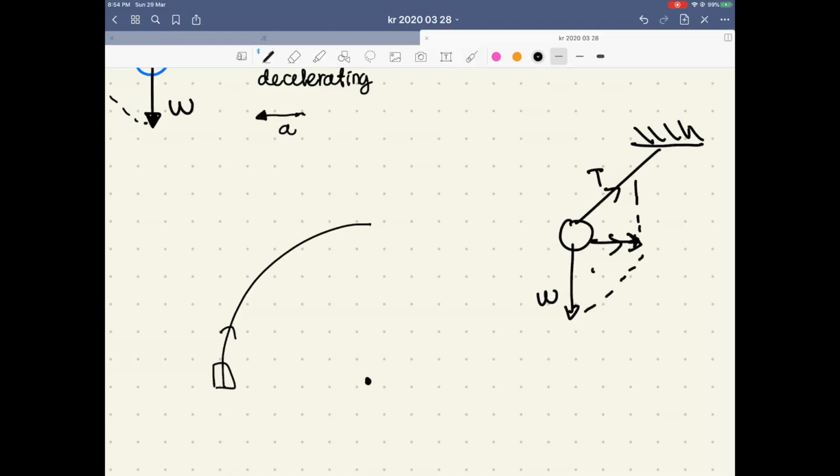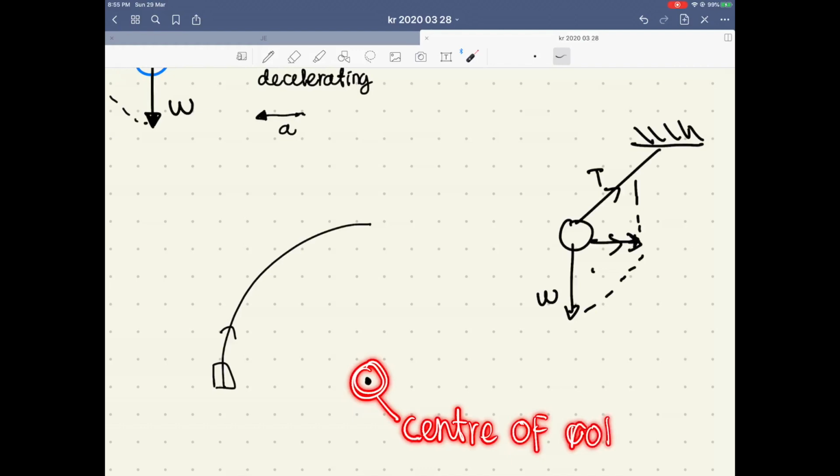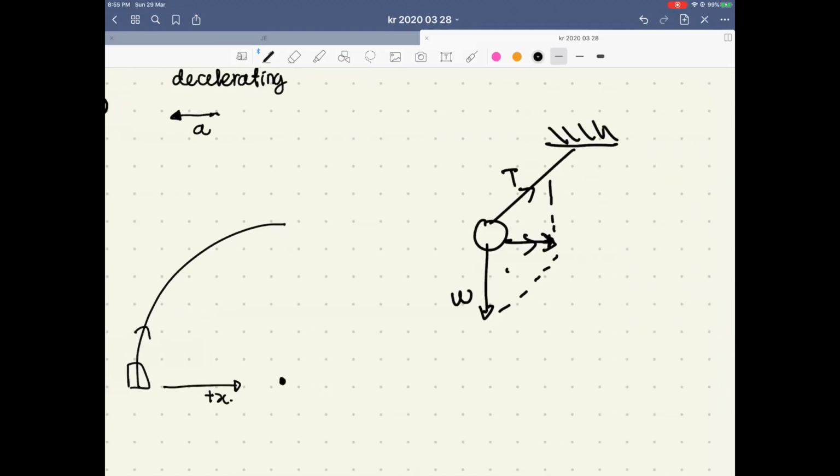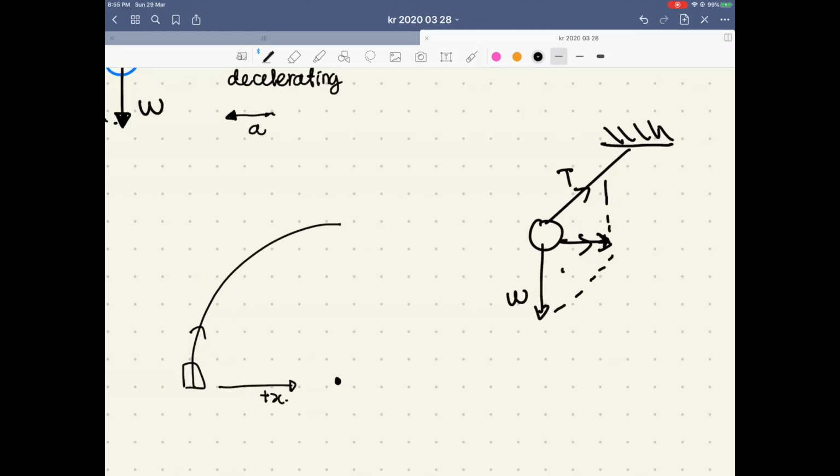The car is traveling this way, and this is called the center of rotation. Then it's pointing to the right, so positive x is this way. You don't call it positive x, but it's pointing to the right.